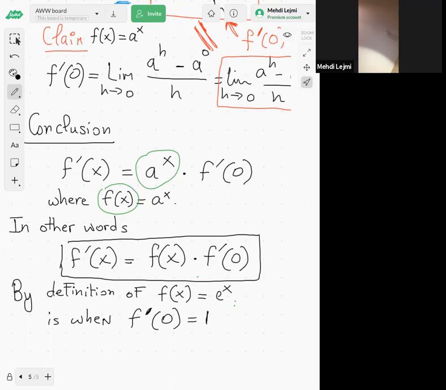That's exactly the definition of the number e.